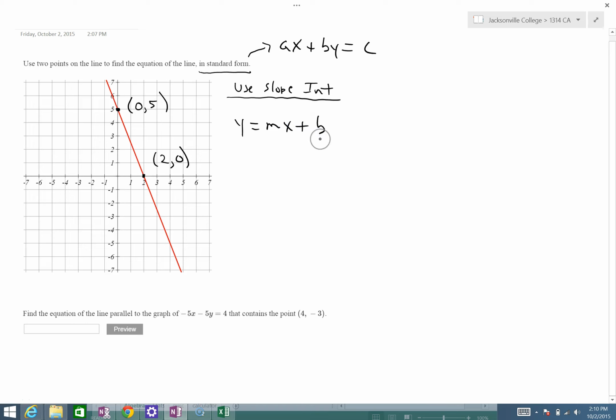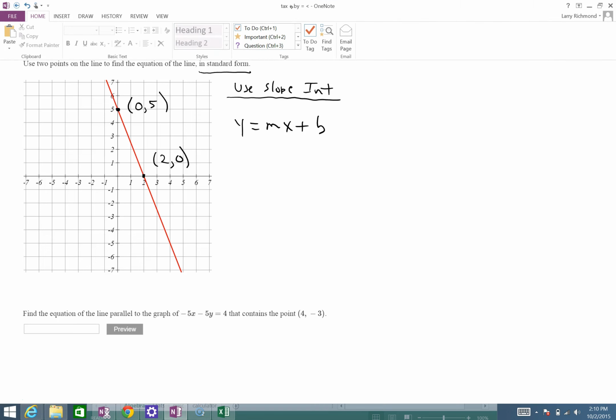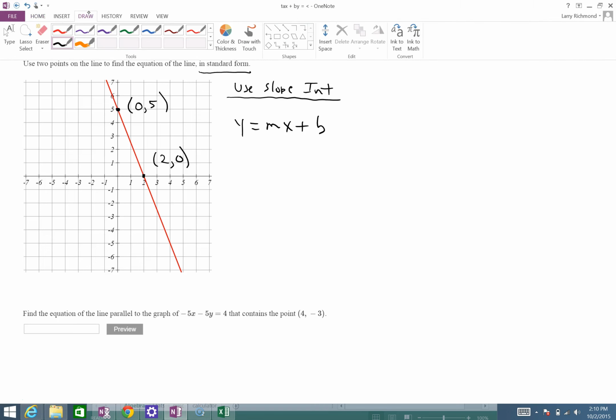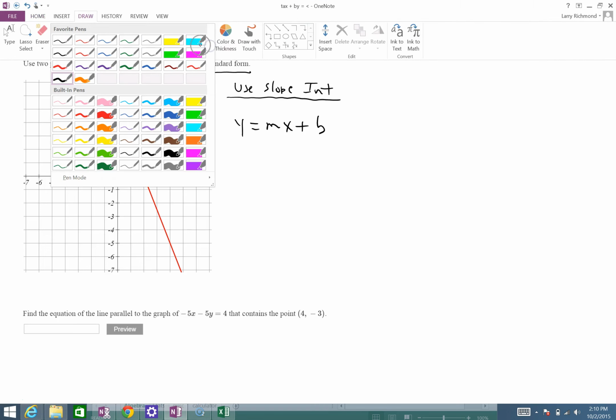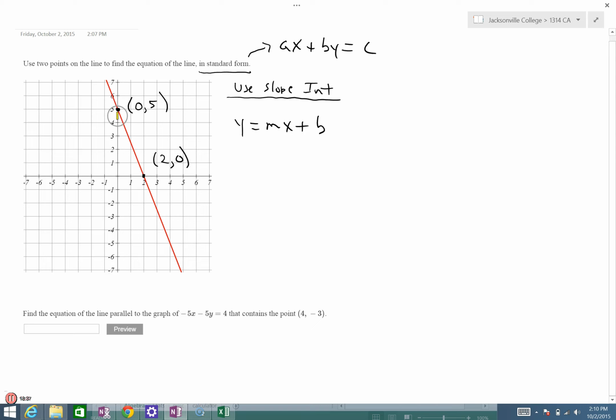Well, b is this y-intercept. It's 5. So I know that b is going to be 5 in this case. Now all I need to do is find m. Well, m is the rise over run. I can draw myself a right triangle between these two points. Here's my right triangle.